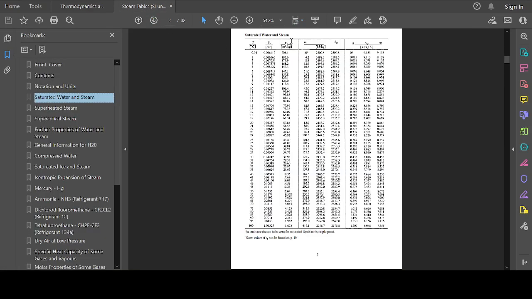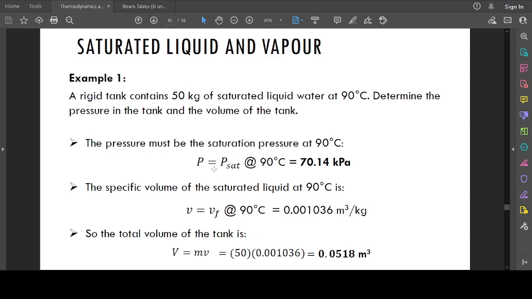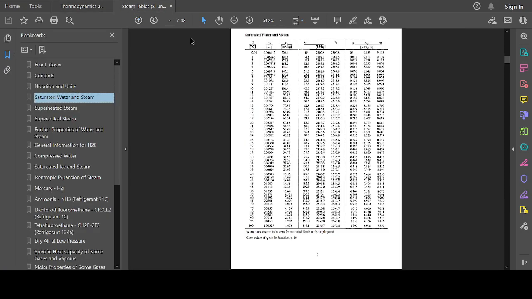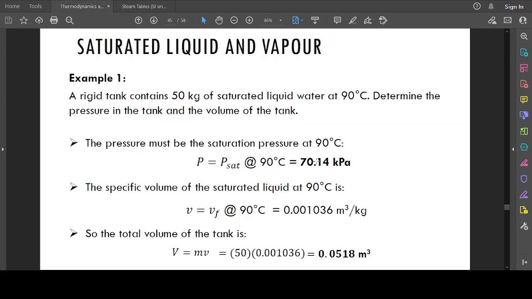So if we go to saturated water and steam, and we know the temperature is 90 degrees Celsius. Remember, the unit here is bar for pressure. So at 90 degrees Celsius, the corresponding saturation pressure will be 0.7011 bar. Remember the unit here is kilopascals. How do we convert bar to kilopascals? Most of you already know. I think 1 bar is equal to 100,000 pascal.